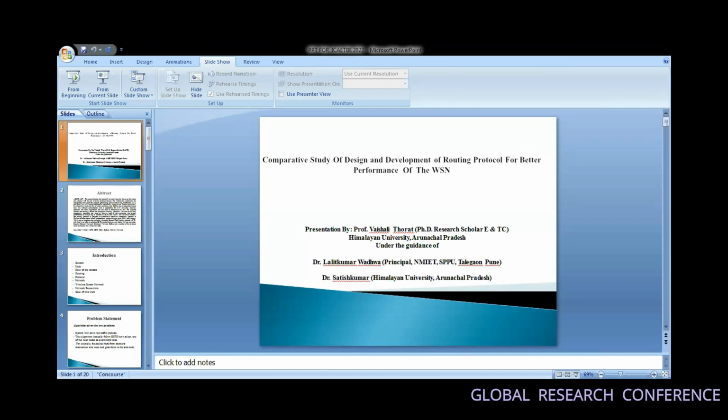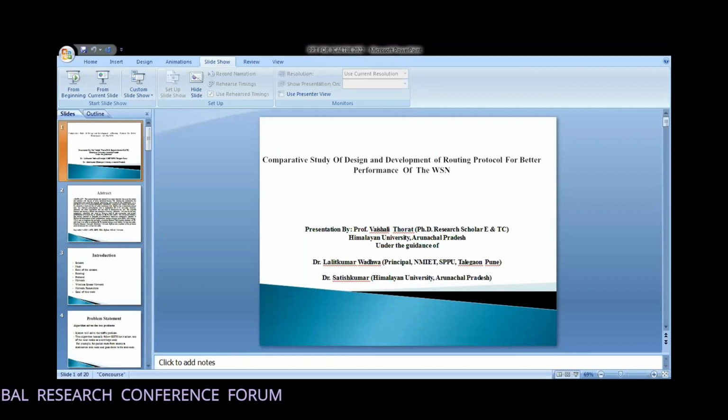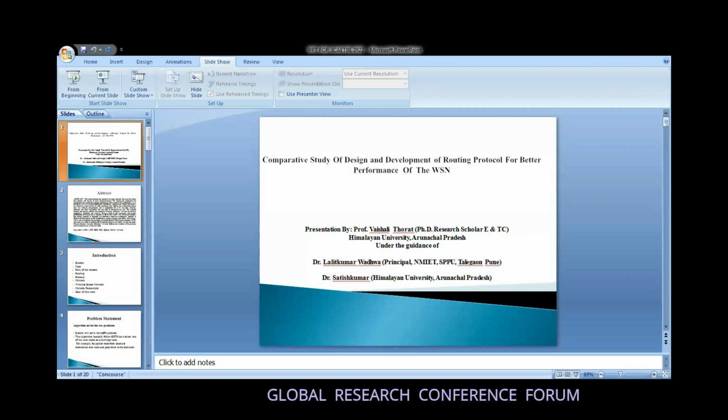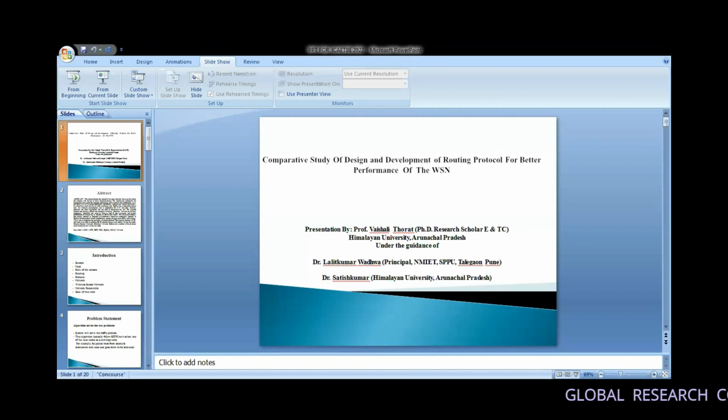Wireless sensor network is regarded as one of the most important potential fields of research interest in the 21st century. We know that the WSN field is driven by the enhancement of wireless communication, and we are trying to help the users.